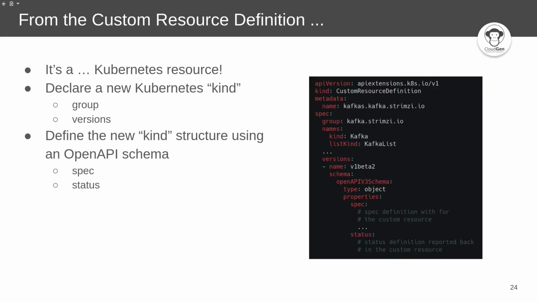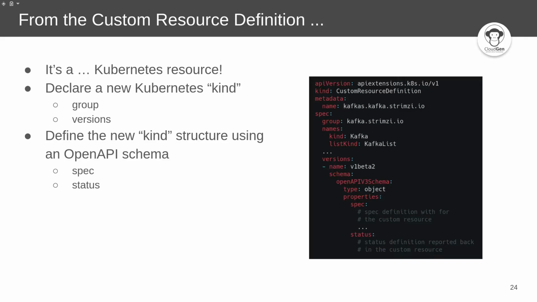So you can do that, but it's really complex, right? It's simpler if you can describe your Kafka cluster just in one place, and then the operator will take care of creating for you all the Kubernetes native resources behind your custom resource.